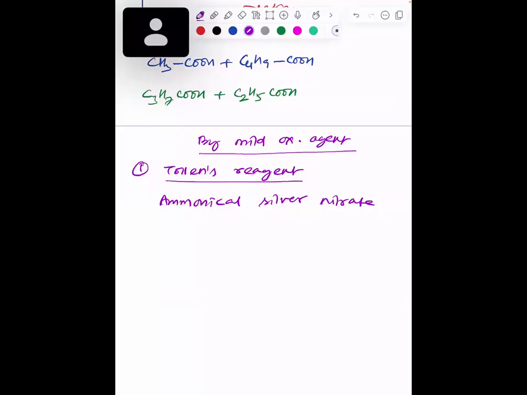So, what is the role of this Tollens reagent? Write down.